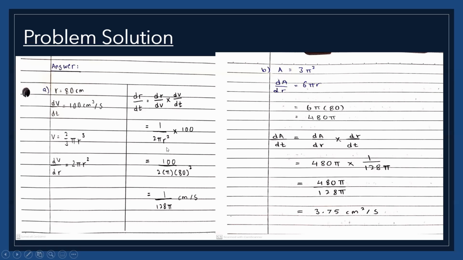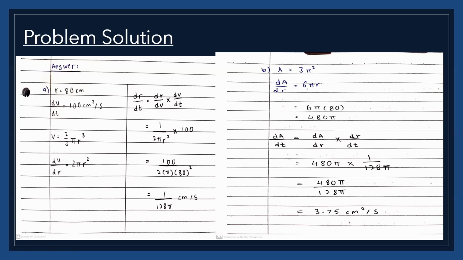We know that dV/dr is 2πr², so dr/dV is equal to 1 over 2πr². And dV/dt, from the information given in the question, is equal to 100 cm³ per second.